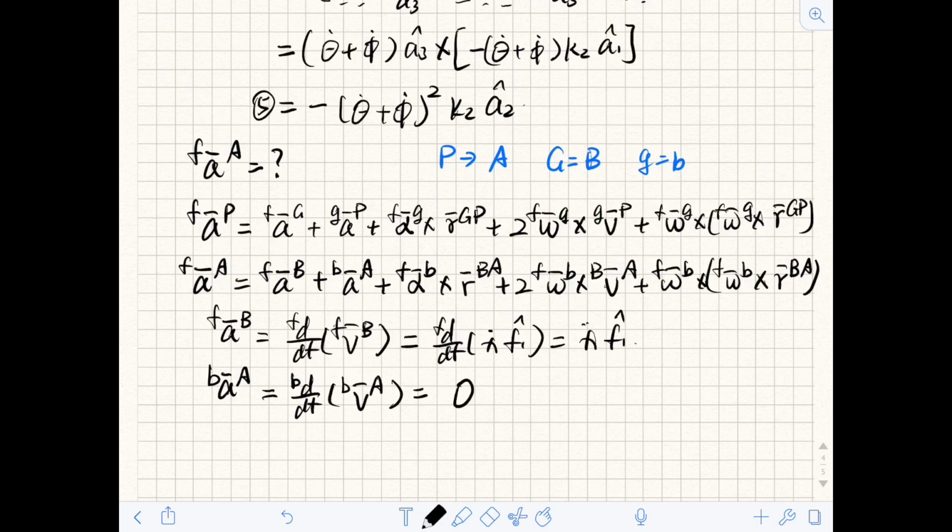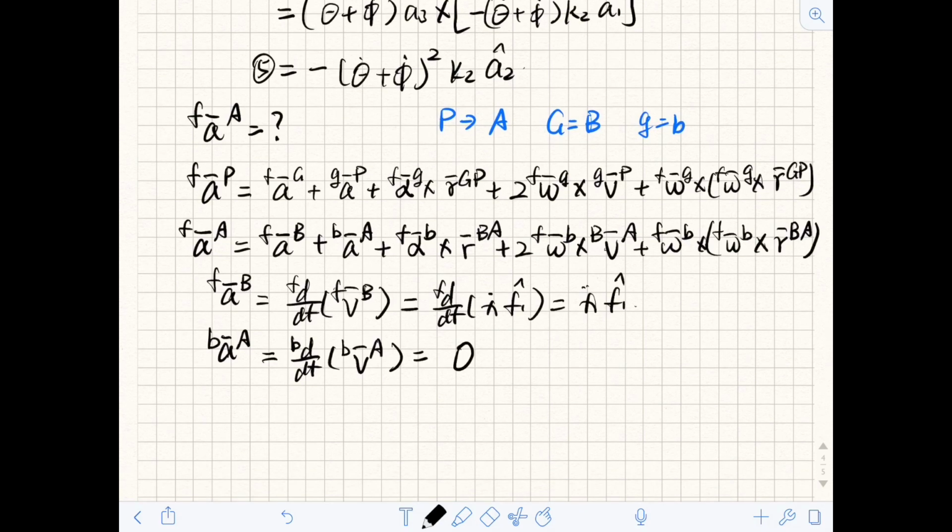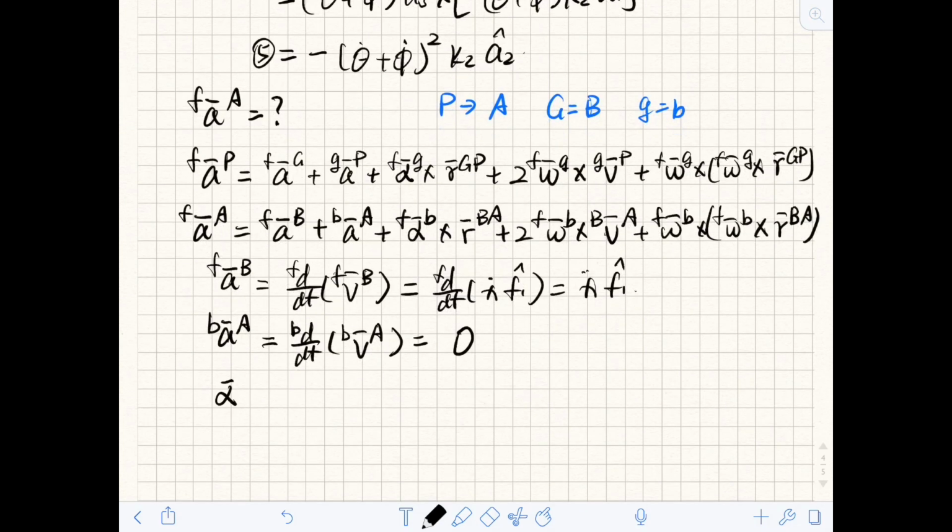So the acceleration is equal to 0 for point A in B. Now next term, we have the angular acceleration of B in F cross position vector BA. I'll skip the steps here, and you will find the angular acceleration of B in F is theta double dot in the F3 or B3 direction.